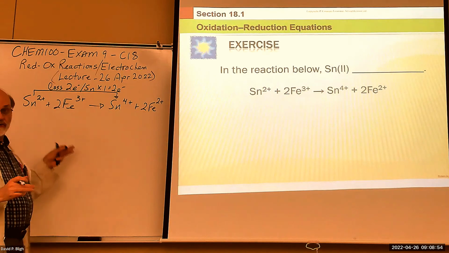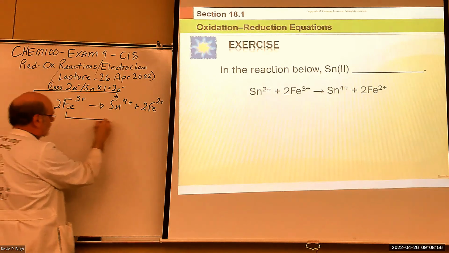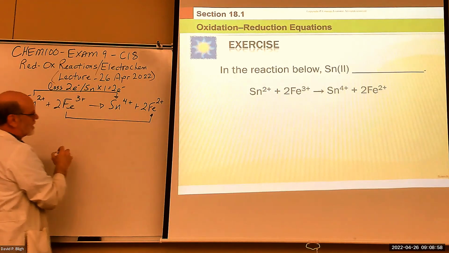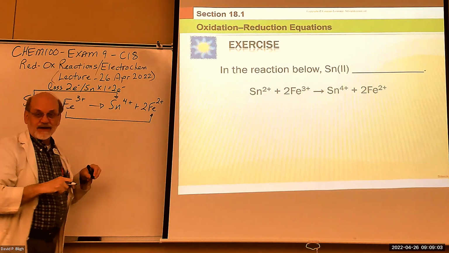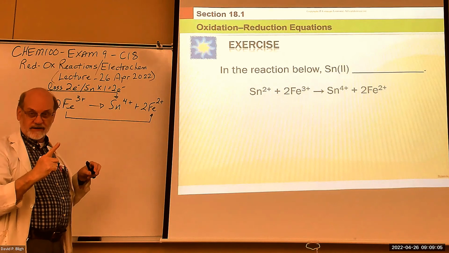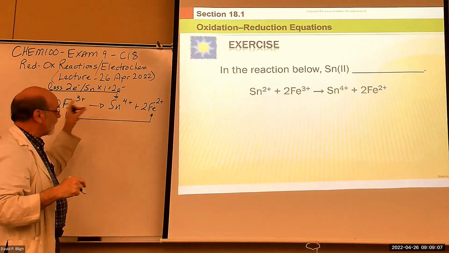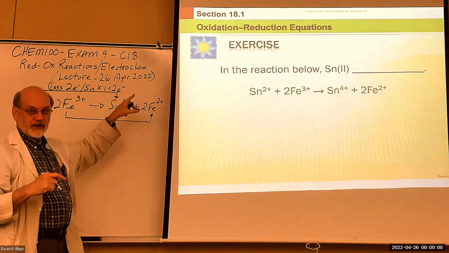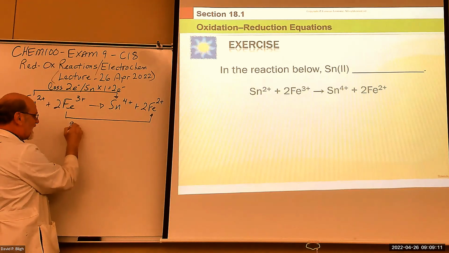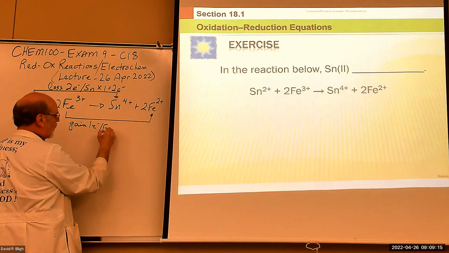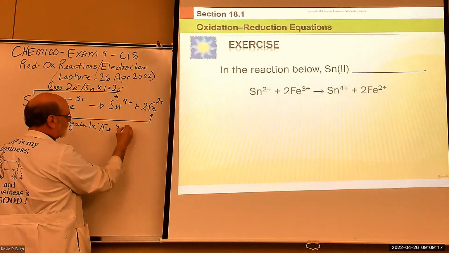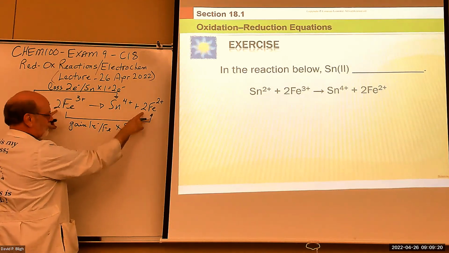That means that they had to go somewhere. Right? So in order for iron to go from 3+ to 2+, it had to gain 1 electron, which neutralized one of those positives. And now we only have 2 pluses. So this one is a gain of 1 electron per iron, but we have 2 irons, see?